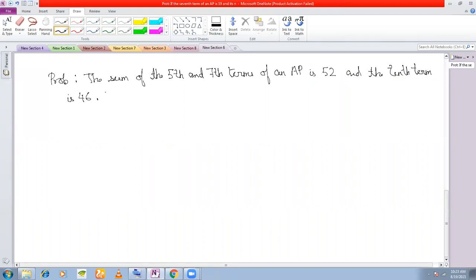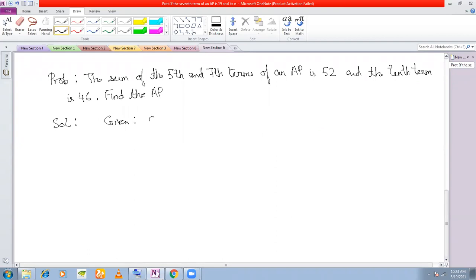Find the AP. So in order to find out the AP, what do you require? You require the first term and the common difference, right? So what is given here? Let's write.